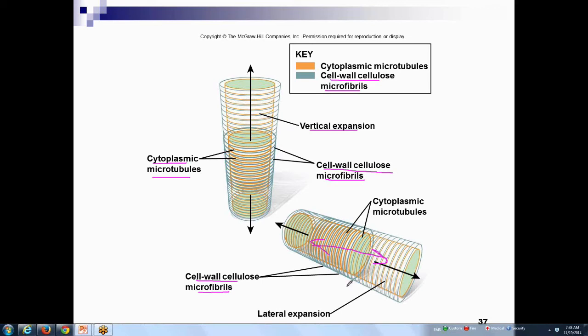Here also rings are arranged on the outside, but we've kind of done a 90-degree turn here of our cellulose microfibrils. So now we're seeing lateral expansion. So the way your cellulose microfibrils are arranged determines which way your growth occurs. Again, like wrapping tape around the balloon.